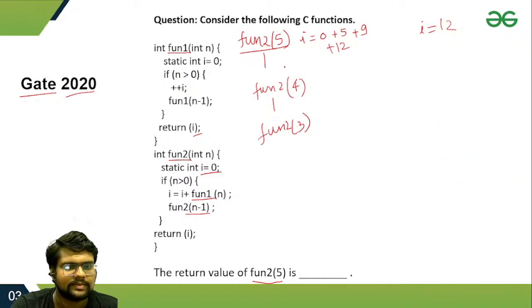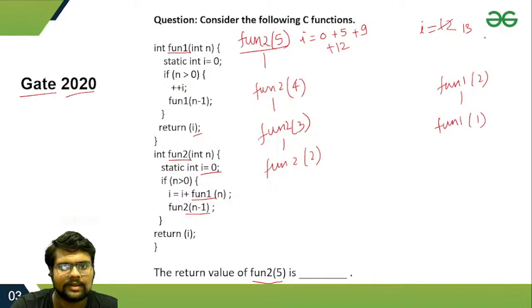So we have fun of 4. Now fun2 of 2 will be called, and so fun1 of 2 will be called here. So I will get incremented to 13. Then fun1 of 1 will be called, then I will get incremented again to 14, and then fun1 of 0 will be called.